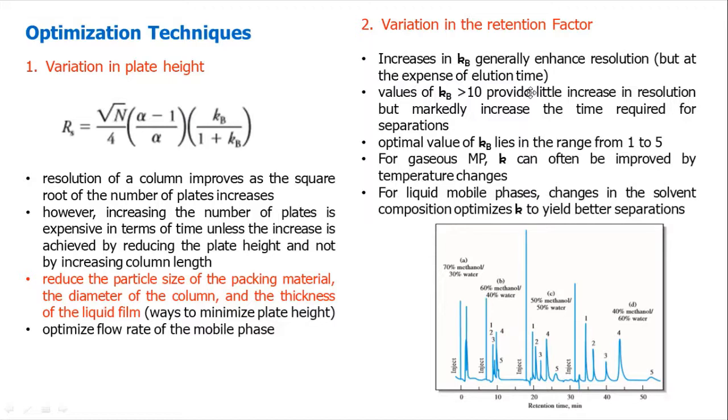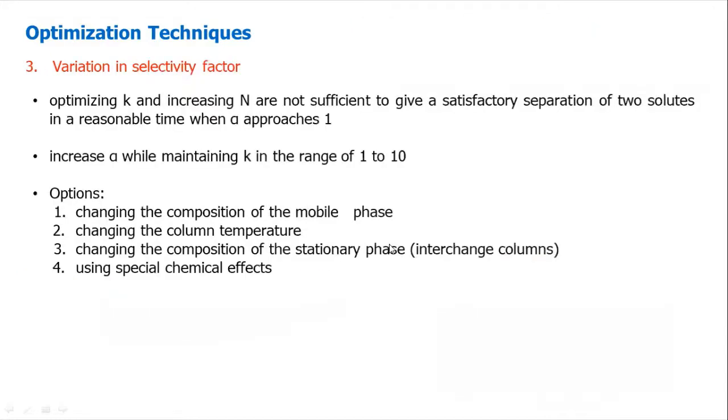For gaseous mobile phases, k can often be improved by temperature changes, and for liquid mobile phases, changes in the solvent composition optimize k to yield better separation. Next is the variation in selectivity factor. Optimizing k and increasing N are not sufficient to give a satisfactory separation of two solutes in a reasonable time when alpha approaches 1.